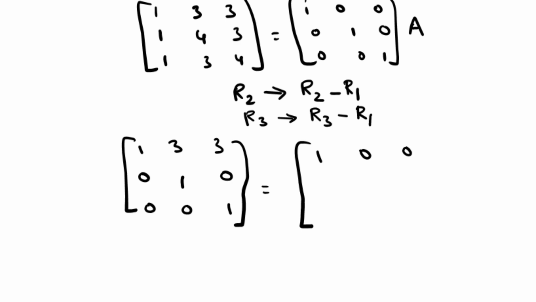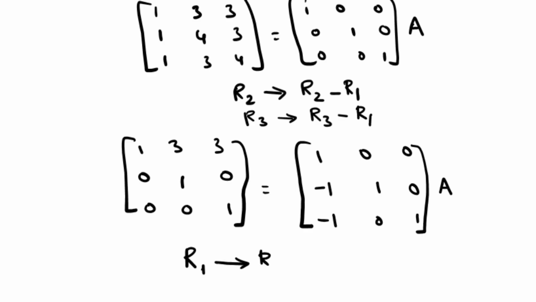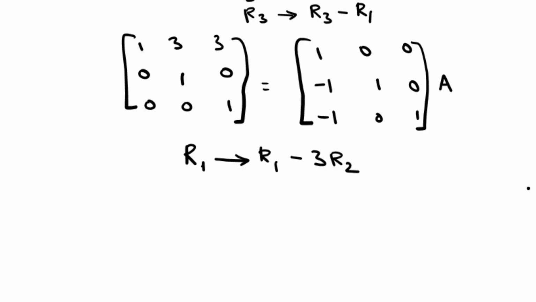Row 1 will be as it is, second row will be -1, 1, 0, third row is -1, 0, 1, multiplied with A. R1 implies R1 minus 3R2, then R1: first element is 1 minus 0 is 1 only, 3 minus 3 will be 0, 3 minus 0 will be 3. Here the second row will be as it is.